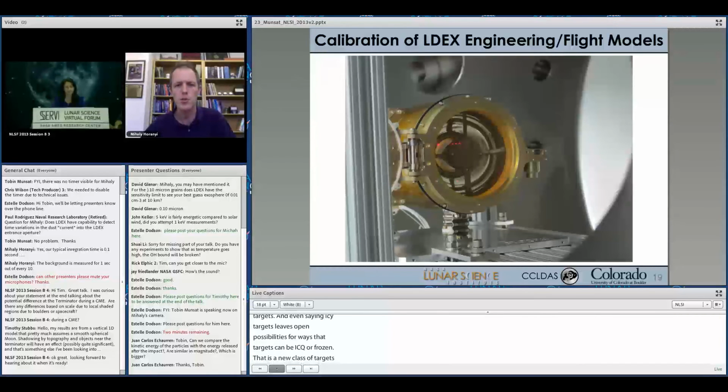The other avenue that we're trying to pursue next is gas targets. So if you think about, for example, the upper atmosphere of the Earth, when micrometeorites come into the Earth's atmosphere, they ablate, they emit light, they turn into gas, they create plasma.